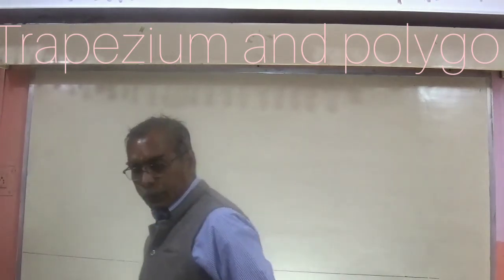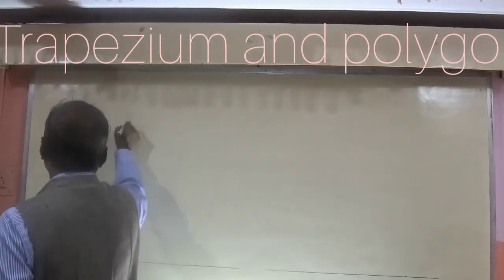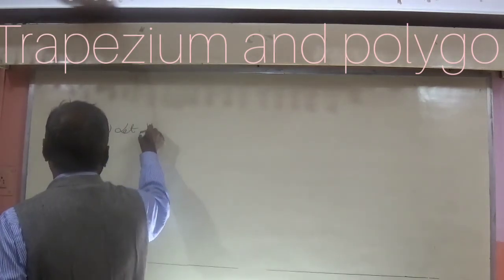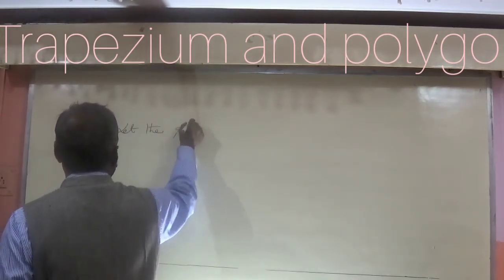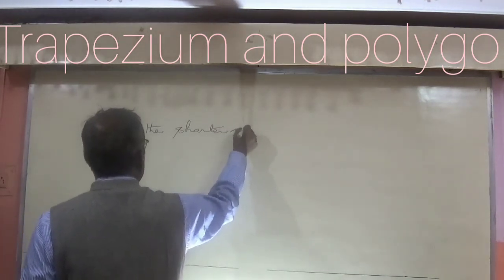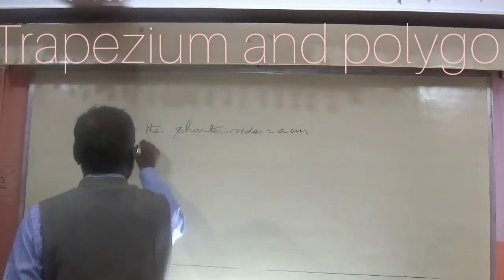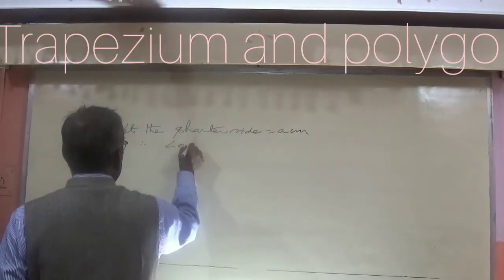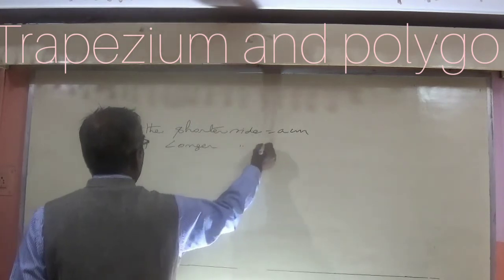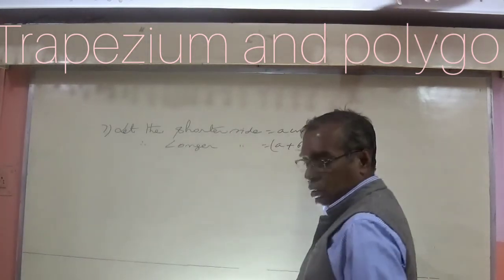Question number 7. Let the shorter side be equal to 8 centimeter. Therefore, the longer side is equal to A plus 6 centimeter, as it is given 6 centimeter more.